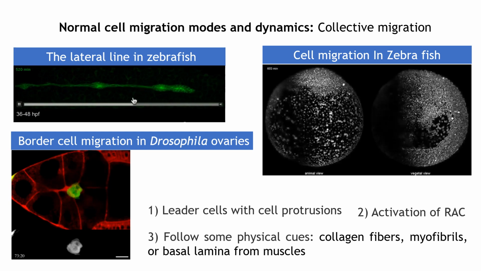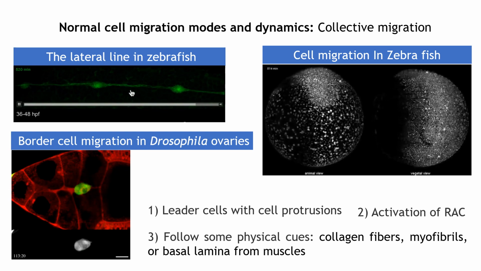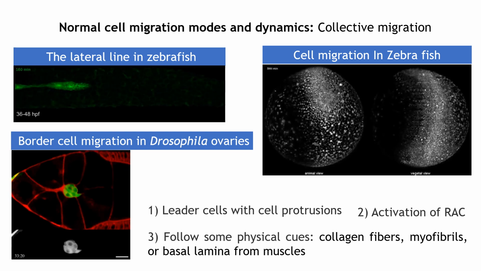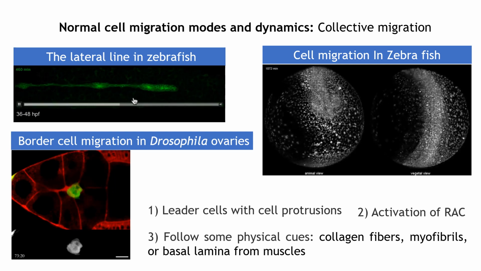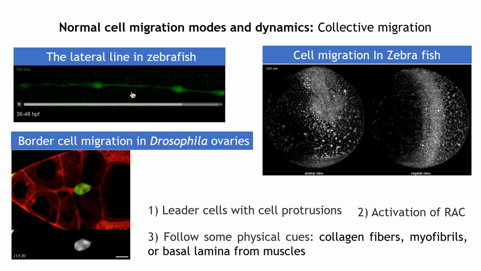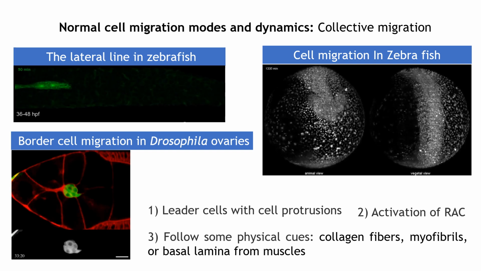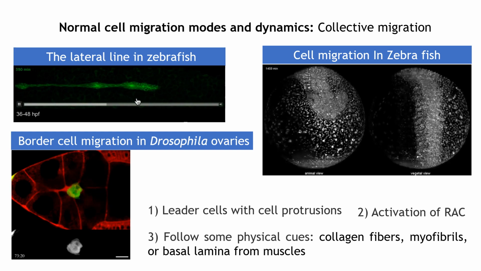And here you can see the ovaries of a fruit fly, and I have seen this type of collective migration. They're classical of mammary glands, in a type of breast cancer.